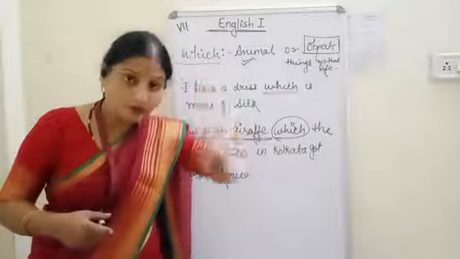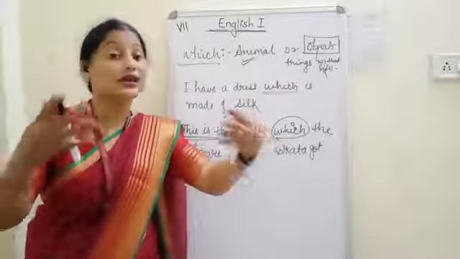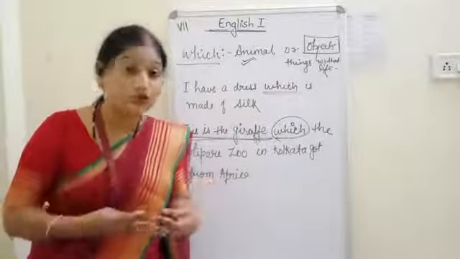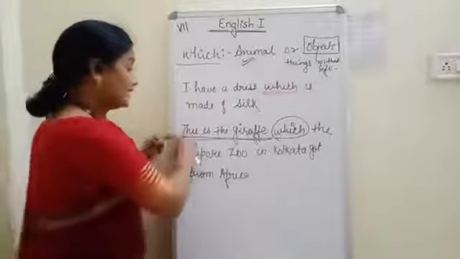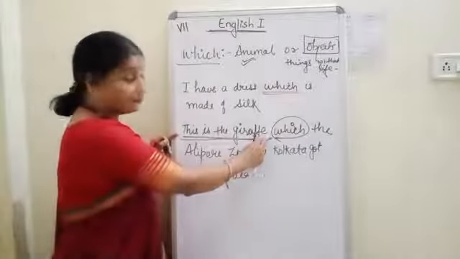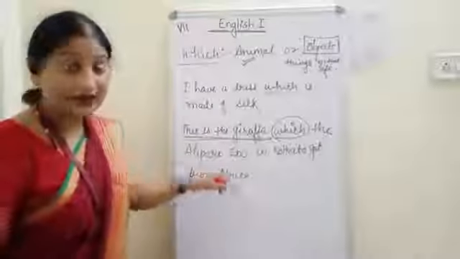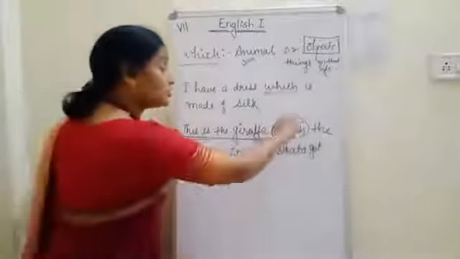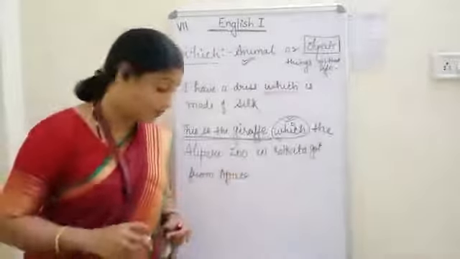Clear? And what is this "which"? This is the relative pronoun. It is used to link the two nouns together. So by "which" the two parts of the sentence, that is, this is the giraffe, the Alipur Zoo in Kolkata got from Africa, are joined. That's why this is your relative pronoun.